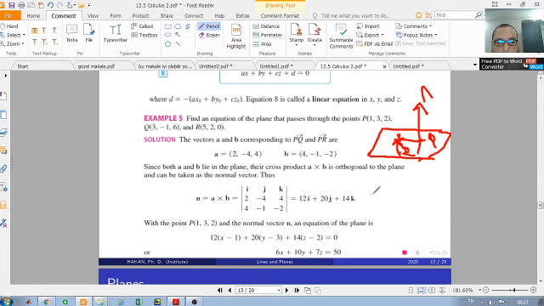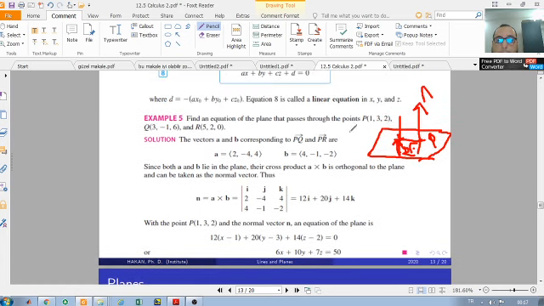This is perpendicular to the plane, which means it is perpendicular to the vectors on the plane.